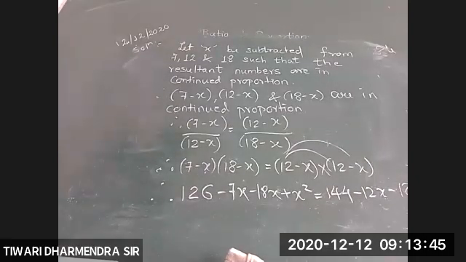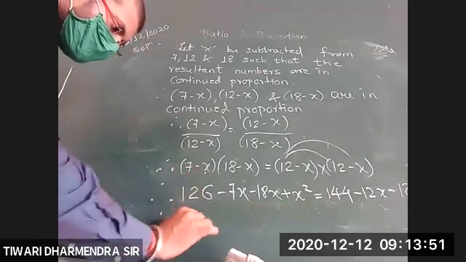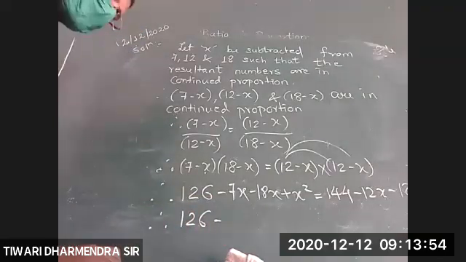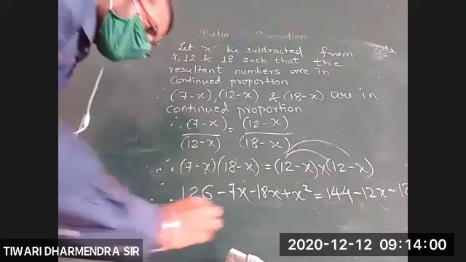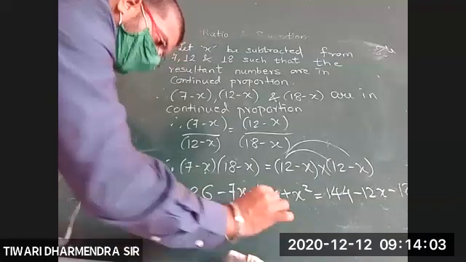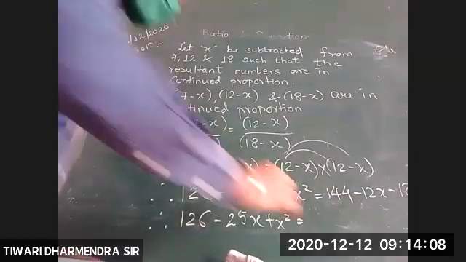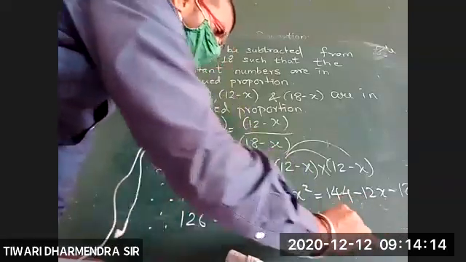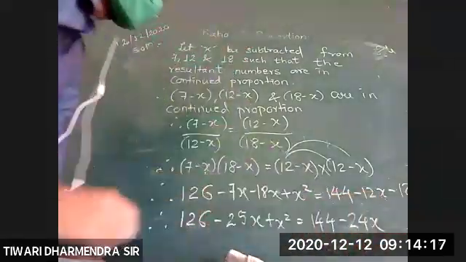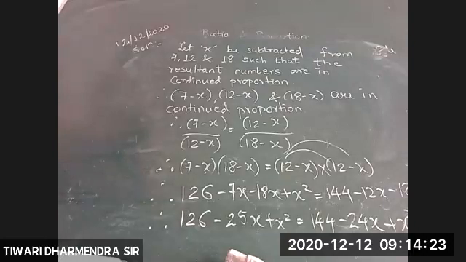So after this step, 126 minus 7x minus 18x is minus 25x plus x square is equal to 144 minus 12 is minus 24x, so plus x square. Hope this step is okay.